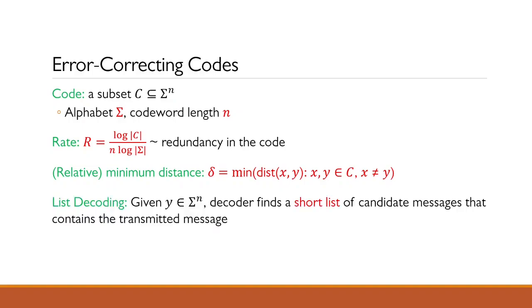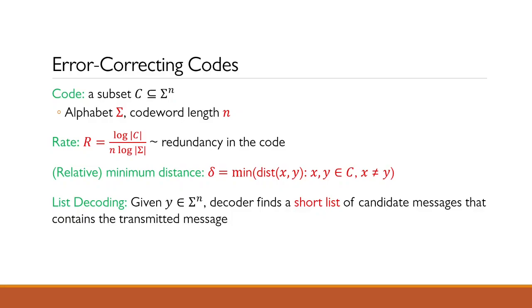And in this talk, we will focus on list decoding of error-correcting codes. List decoding is a relaxation of the standard notion of decoding, where we allow the decoder to output a short list of candidate messages that contains the transmitted message, instead of just outputting one message.